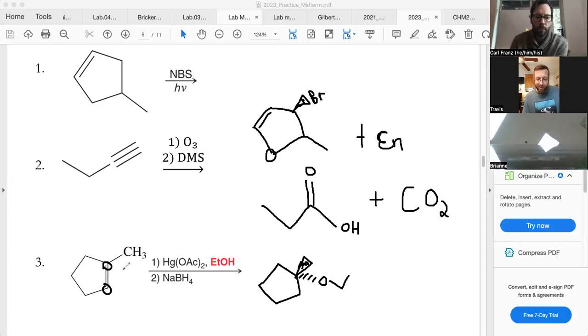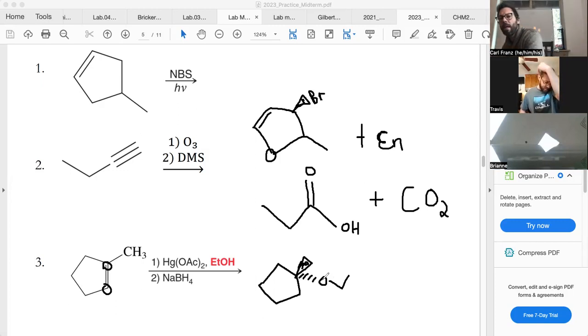And so if we have an alcohol group that we're using as our reactant there, then that gives us an ether. And if we have water, then that gives us an alcohol. Yeah, right. Because this is an oxygen that is bound to R groups. So it's an ether. Cool.